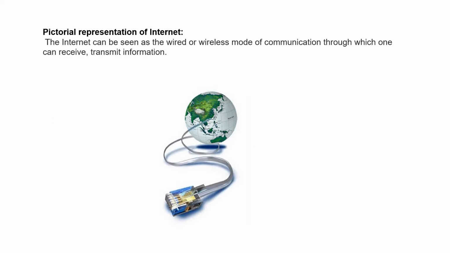For a better understanding, a pictorial representation of internet is given, where the internet is a globally connected network of computers where one can receive or transmit information using wired or wireless mode of communication.